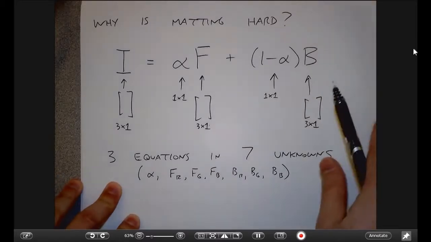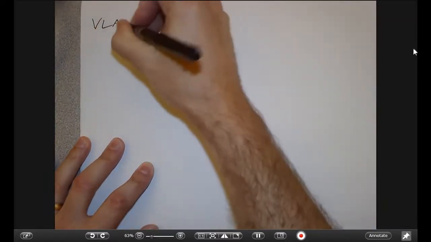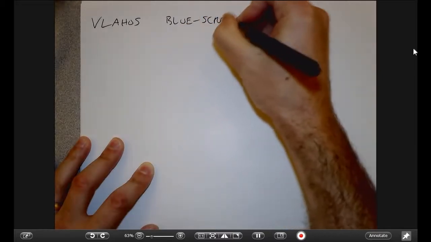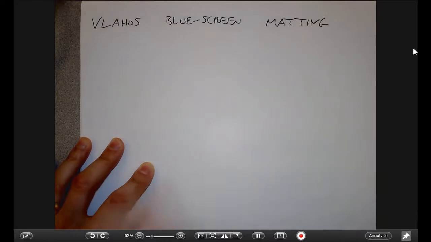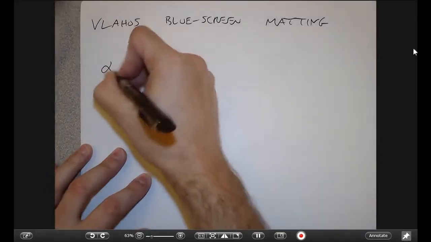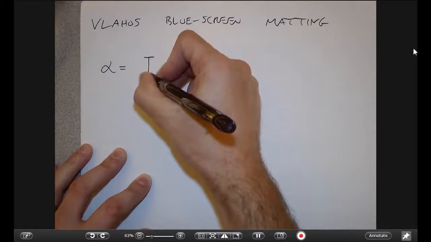Let me just say the general idea. The general idea of one of those algorithms, I mean, he has a whole bunch of patents and they get refined over the years, but one idea is that I take the alpha matte and I produce it as follows.